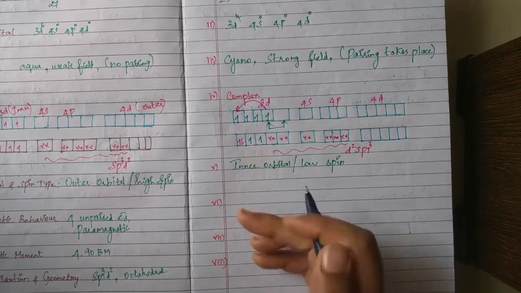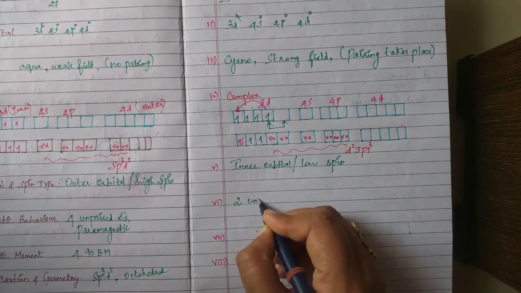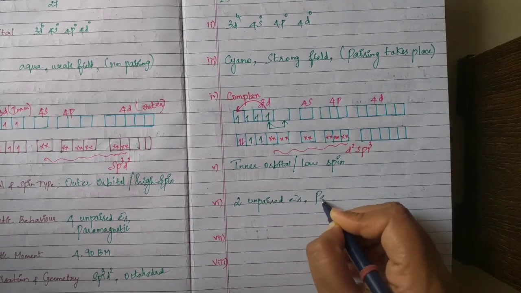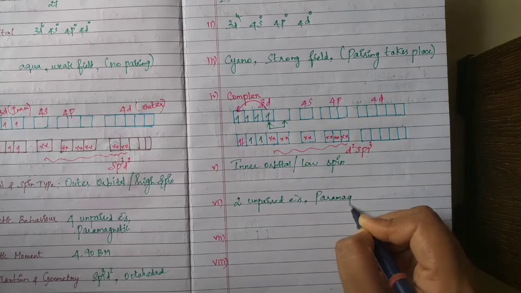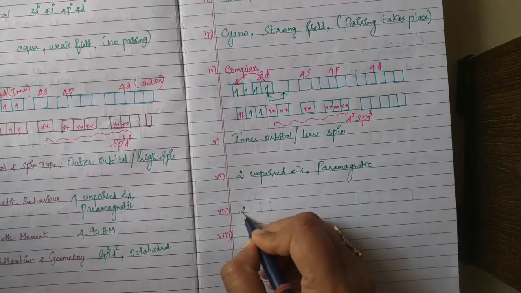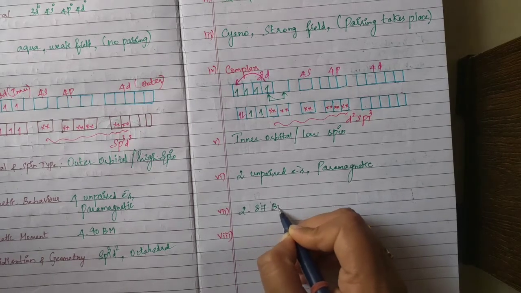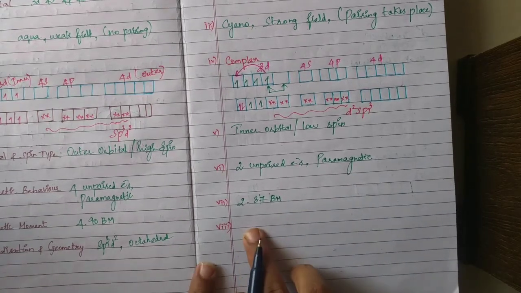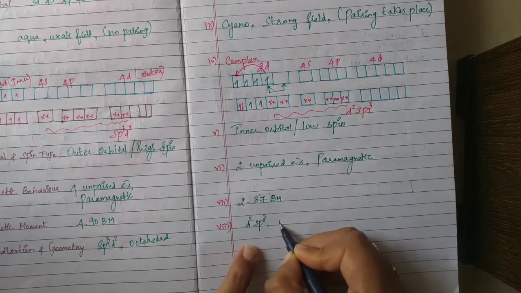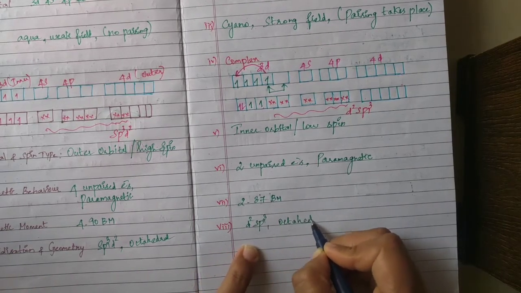It has 2 unpaired electrons. It is paramagnetic. Clear students? And 2 unpaired electrons means the value is 2.87 Bohr magneton. And hybridization is d2sp3 and octahedral. That's all students.